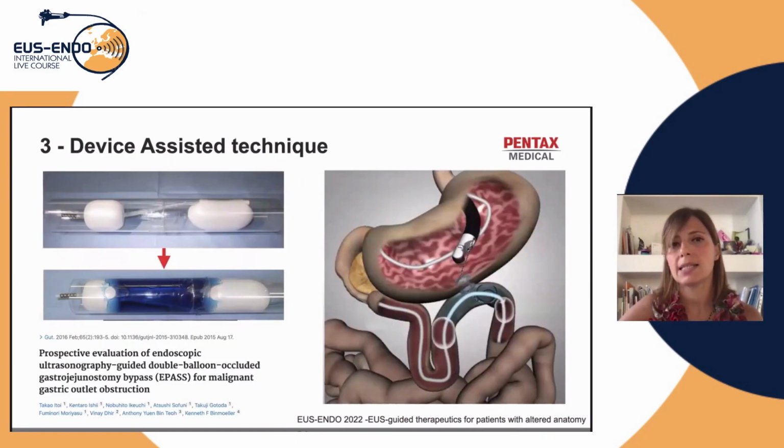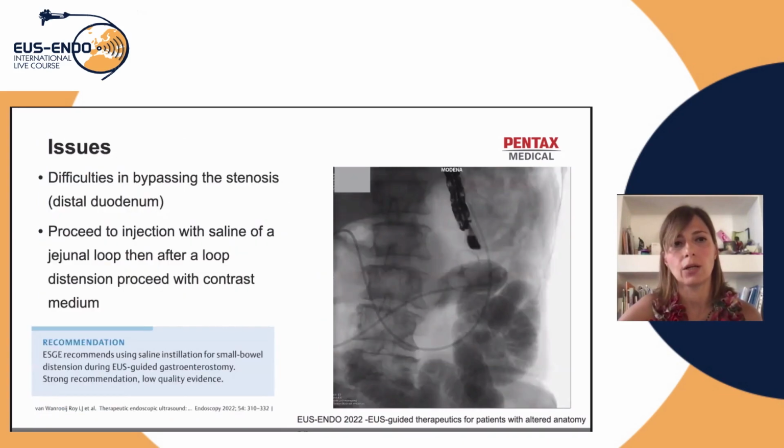And then the device-assisted technique, in which you use a special balloon device, but it's not available in Europe, only in Eastern countries, or a classic balloon, just to identify and fit the jejunal loop.